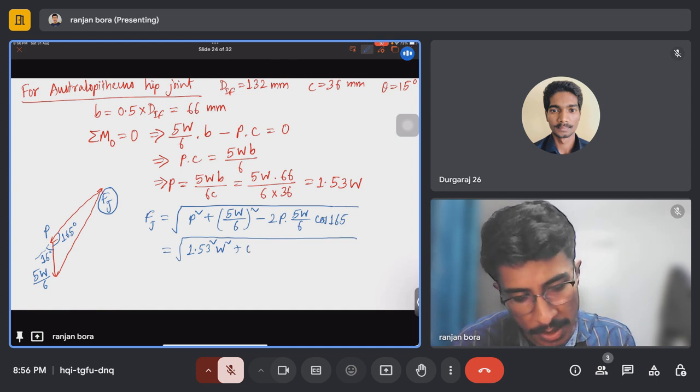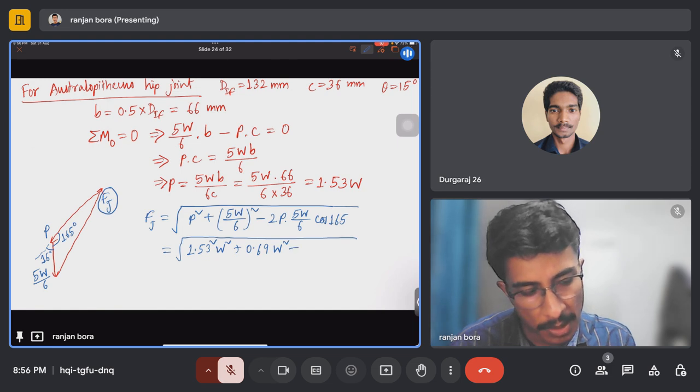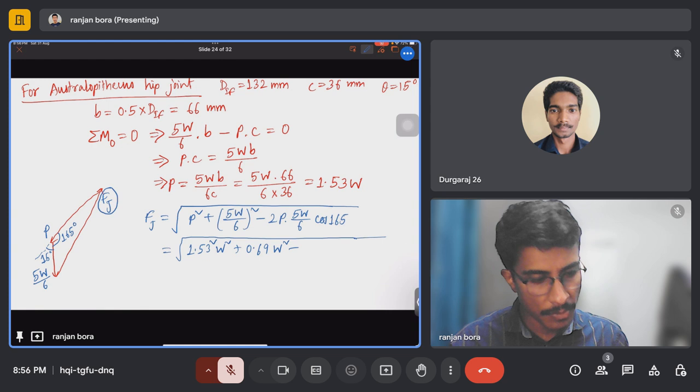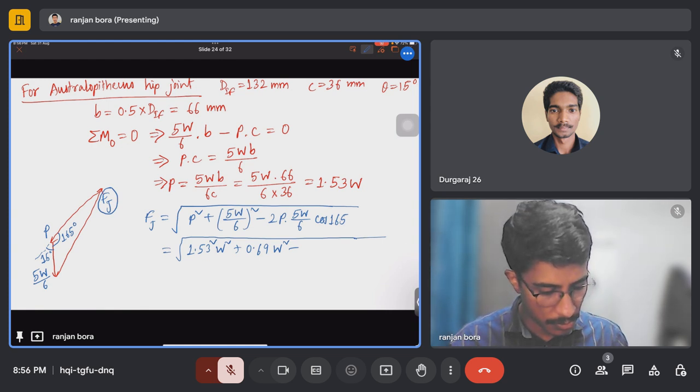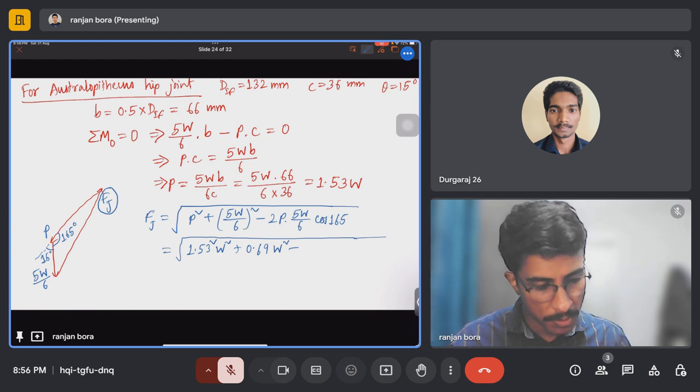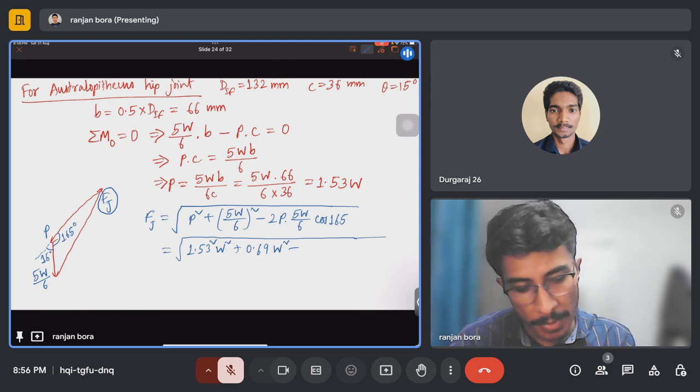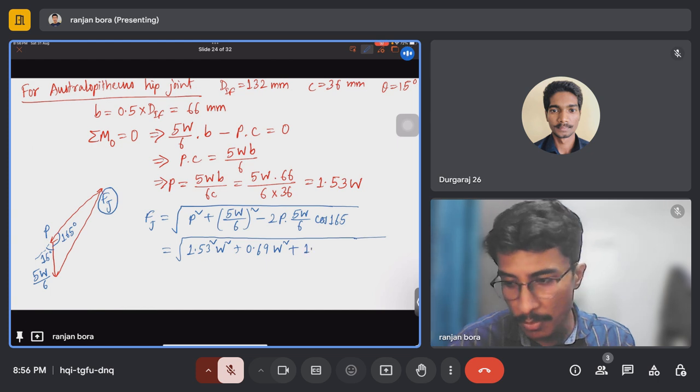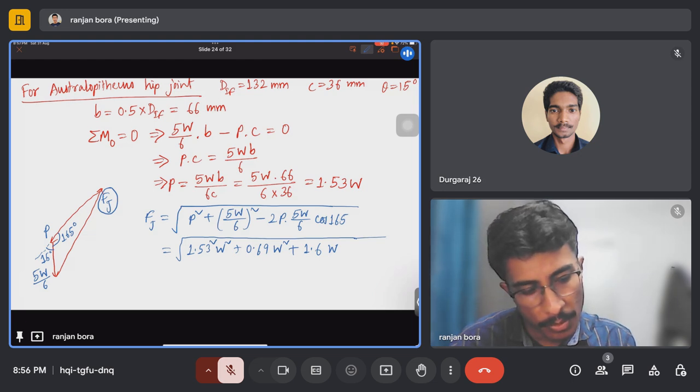This will come as 0.69 W square minus, into, and this will be plus 1.6 W square.